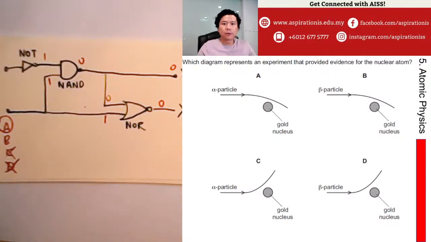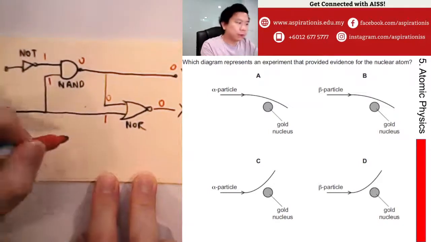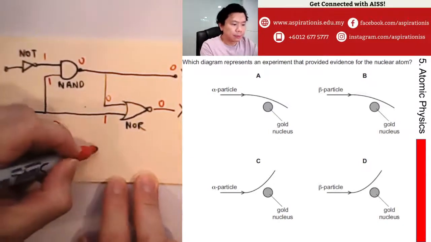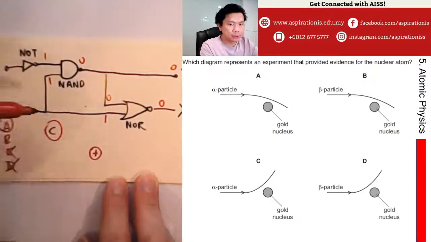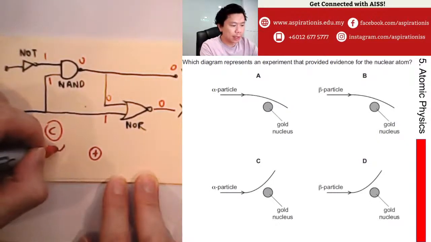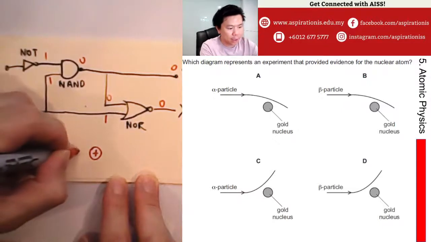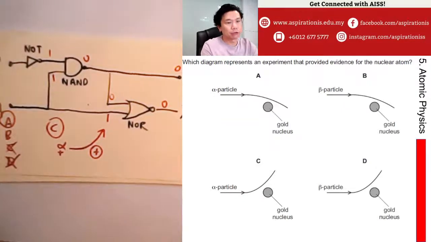So definitely you know that in the experiment they used alpha particles, right? So immediately you know that two of the options are wrong, okay? Of course, yeah, you are right. The answer is C, because you know the nucleus is positively charged and definitely alpha is also positively charged. So positive charges repel.